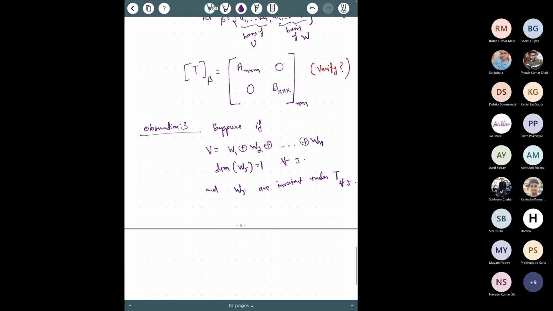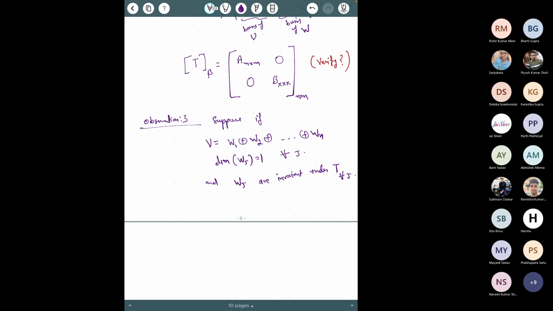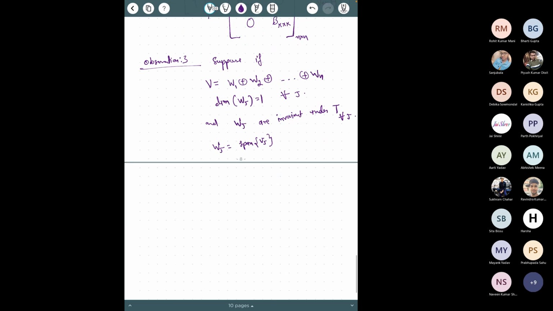Now these are one dimensional, so you can write Wj as the span of some vector. Let's say vj is the basis of Wj. Then if you take the union, constructing the set v1 to vn, this is a basis of V.